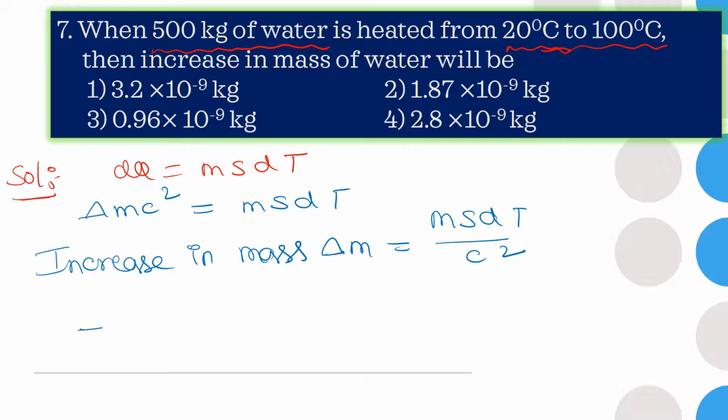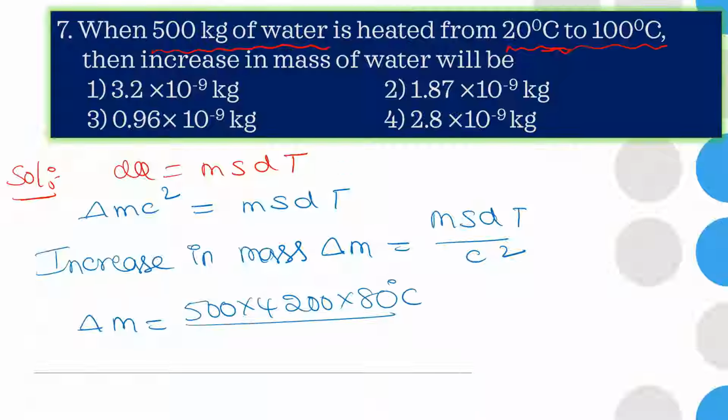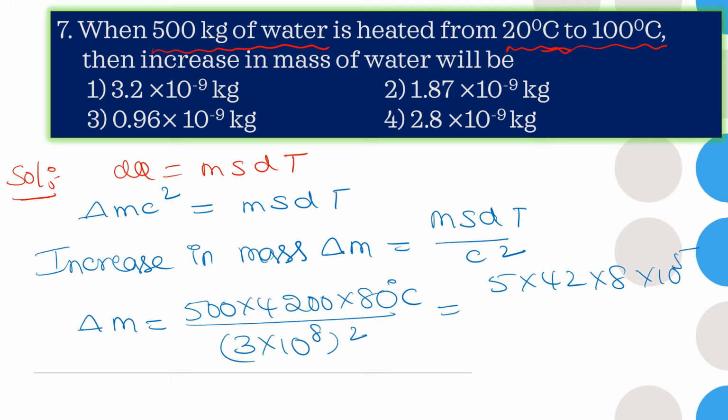Now substituting, Δm is equal to 500 into 4200 into the temperature difference, which is given as 80 degree centigrade, divided by (3 into 10 to the power of 8) whole square, c square. That is equal to 5 into 42 into 8 into 10 to the power of 5; here there are 5 zeros, so that's why we are writing 10 to the power of 5. 3 threes are 9, and (10 to the power of 8) whole square is 10 to the power of 16.